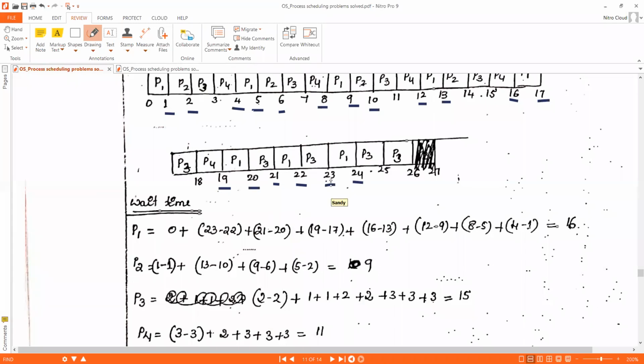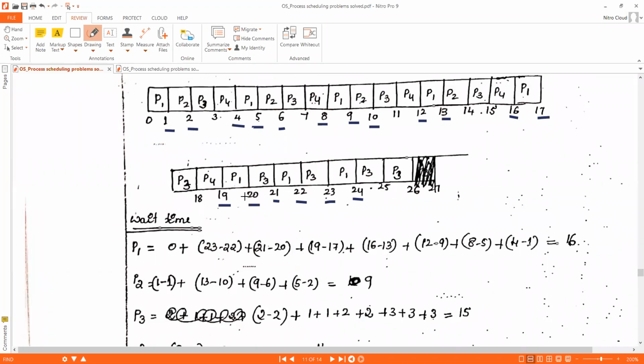At clock time 23, it got preempted. 24 minus 23 plus 23 minus 21 plus 20 minus 18 plus 17 minus 15, plus 14 minus 11 plus 10 minus 7, plus 6 minus 3.